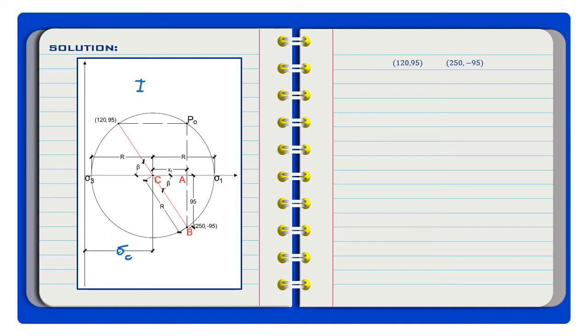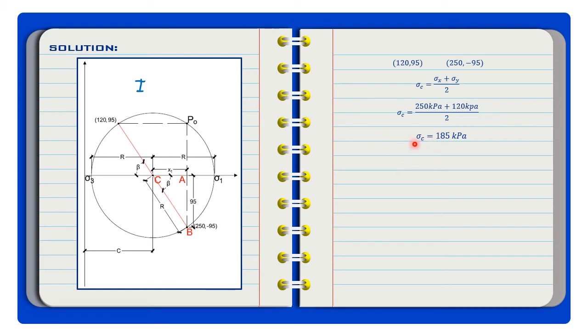To determine sigma c, we have to use the midpoint formula, which will be sigma c is equal to sigma x plus sigma y over 2. So, sigma x is 250 and sigma y is 120. That means that will be 250 kilopascal plus 120 over 2.